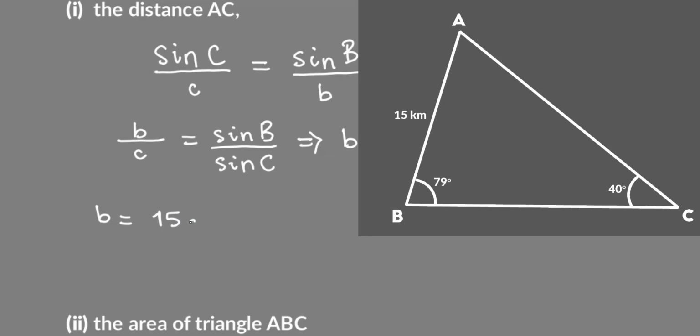And then sine B, B is the angle at B, and that angle is 79. And the angle at C is 40.